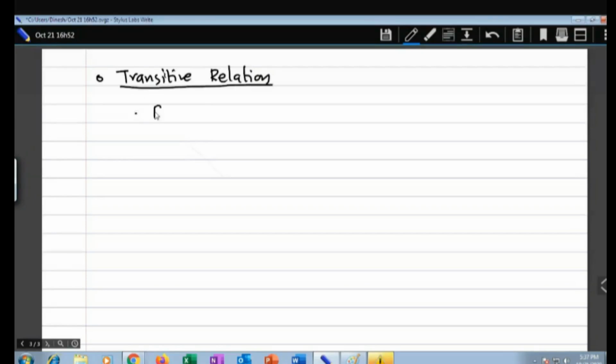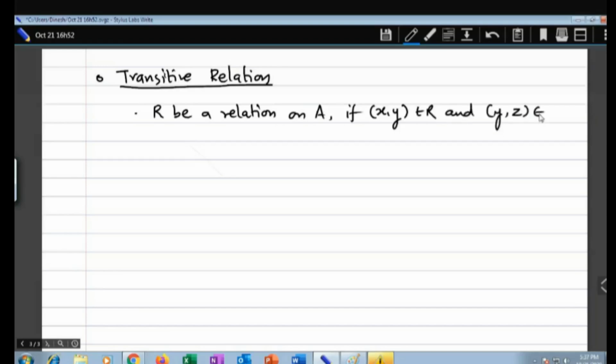Let again R be a relation on A. Then if (x, y) is in R and (y, z) is in R, and (x, z) is in R, then R is transitive.